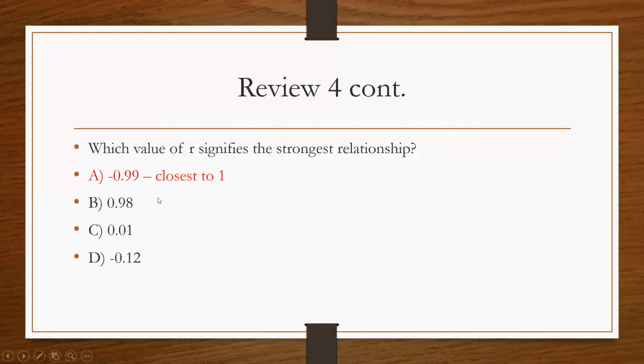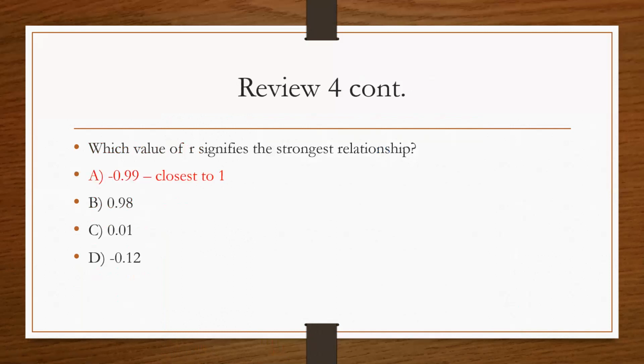Since it's the closest to 1, even though it has the negative sign, it doesn't matter because r ranges from -1 to 1. They will definitely try and trick you on an exam like this. They might even have something exactly like this, where it's negative 0.99 and 0.98, and try and get you.